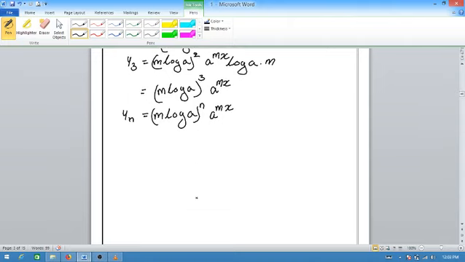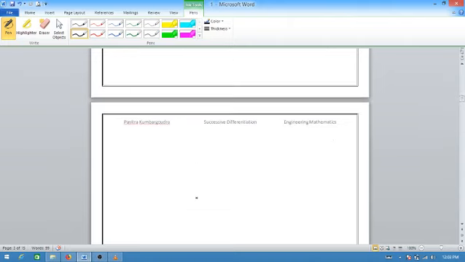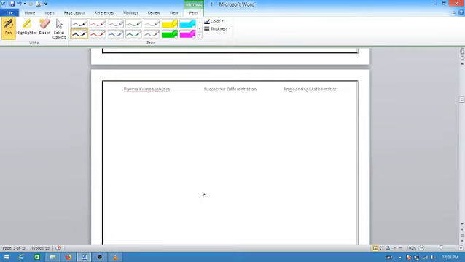So next, move on to the next function, that is polynomial. If I consider the polynomial, then what is the nth derivative? So that is the third one.